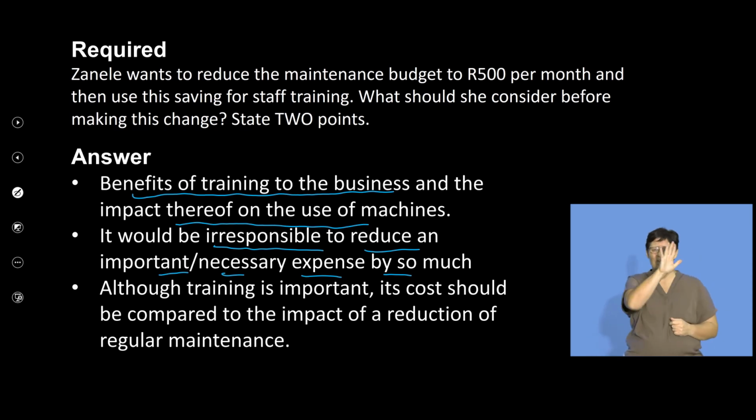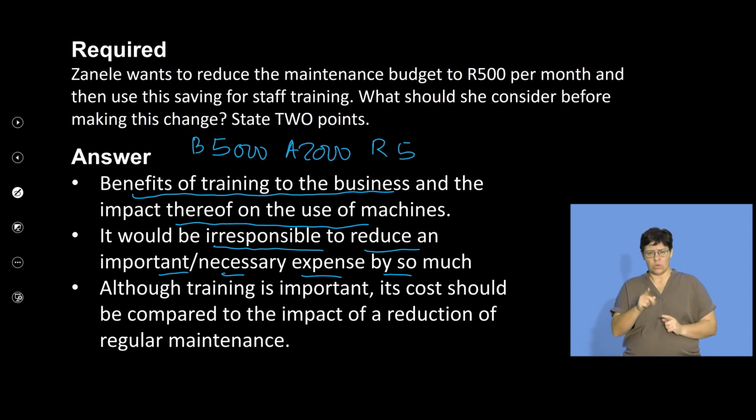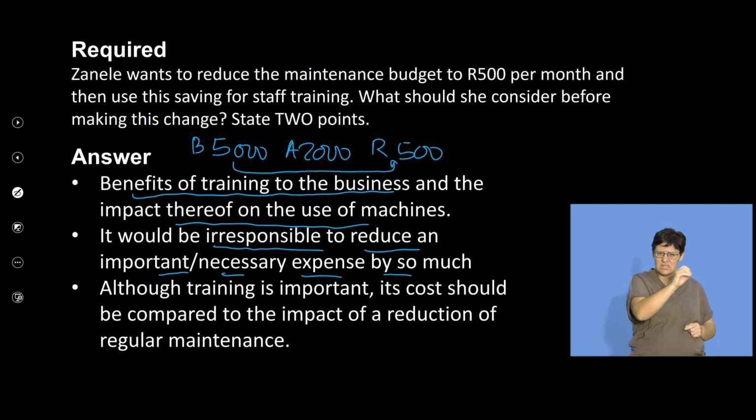Take this into consideration. She's budgeted 5,000. She spent 2,000. Right? So there's your budgeted amount. There's your actual amount. She wants to now reduce it to 500. You can look at the difference between the budget and what she wants to. Look at the difference between the actual and what she wants to reduce it to.